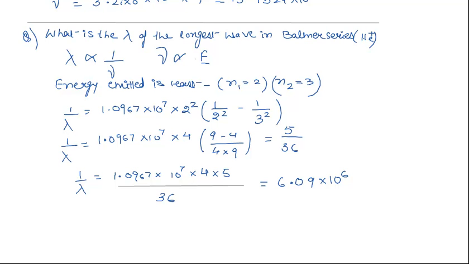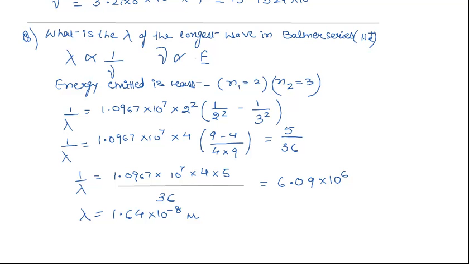Now we have to find out what? We have to find out the wavelength. And that will be lambda is equal to 1.64 into 10 to the power minus 8 meters.